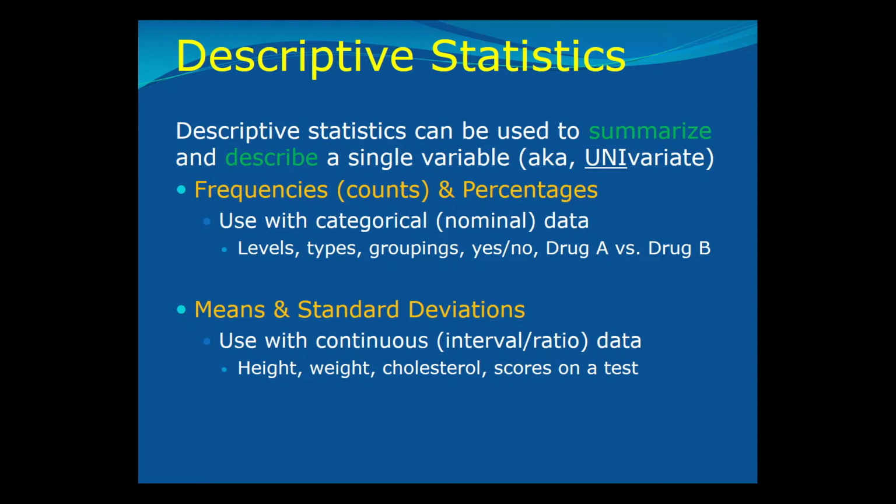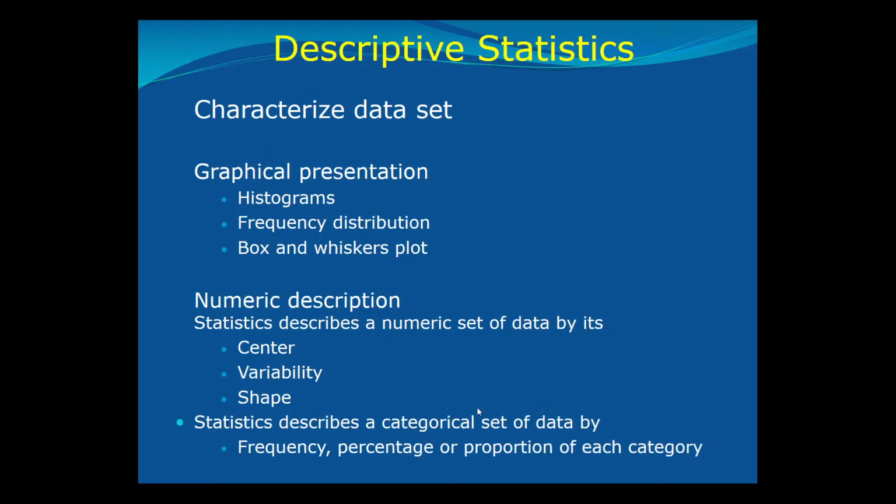If we need to describe numerical or quantitative data, we should use means and standard deviations. Means and standard deviations are used for continuous data. Examples are height, weight, level of cholesterol, scores in tests.